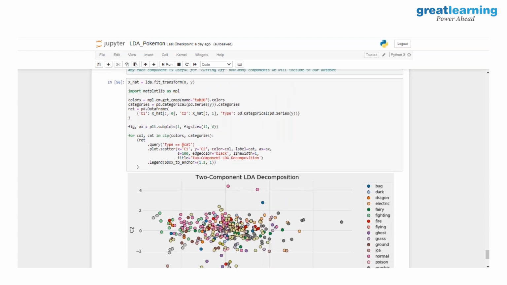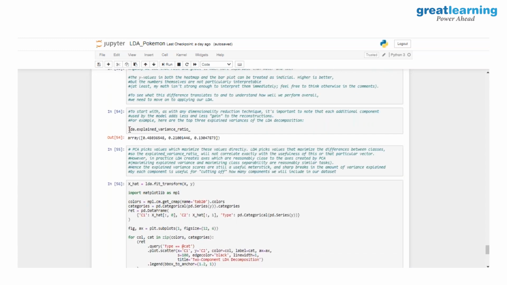Which means if you start to see the categories that we have taken here, by categories I mean we are defining certain key variables. Let me show you. This was my explained variance ratio with the component that we were dealing with, and the idea is that we take the top 3 explained variances of the decomposition.